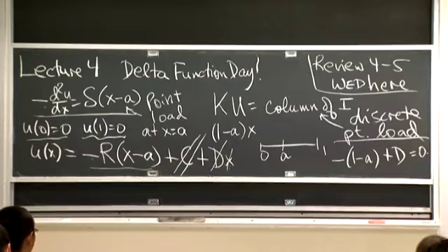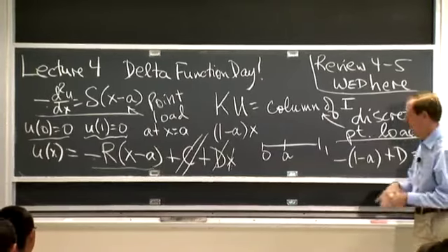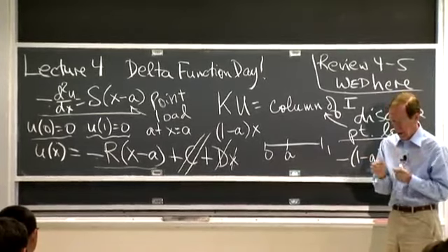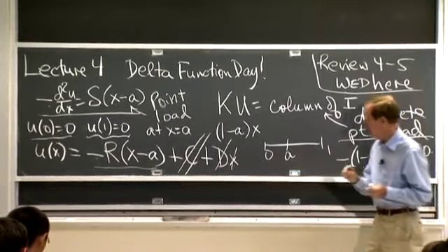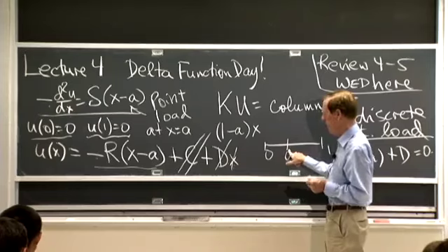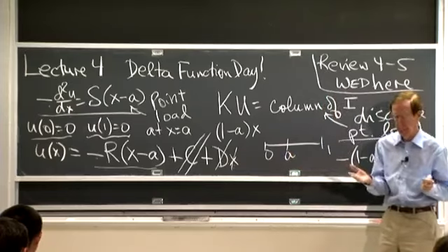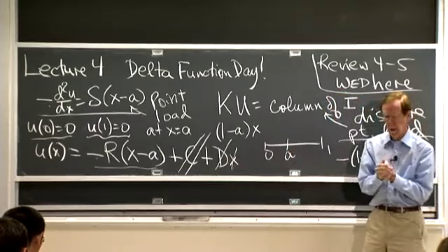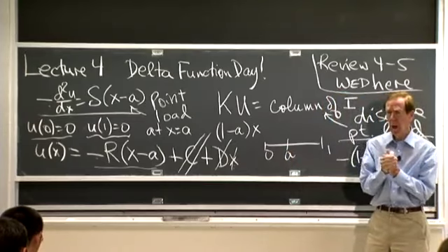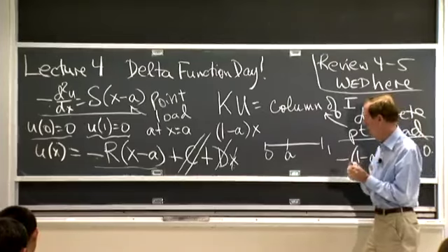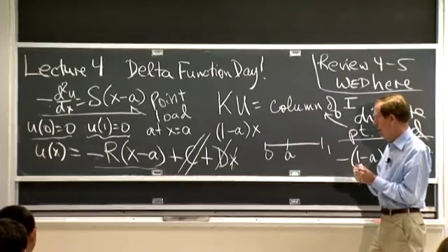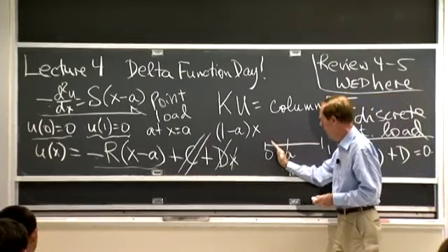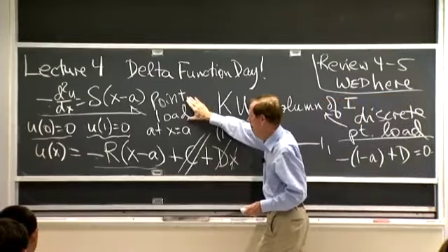All right, let me just draw the picture. Here's how I think about it. Away from x equal a, what does the solution look like? To the left of x equal a, what's my graph going to be? It's going to be a straight line, right? To the left of here, there's no load.